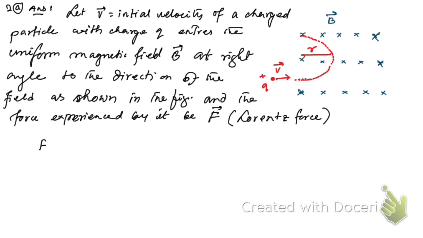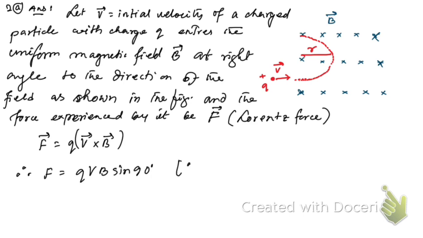This is given by F is equal to Q v cross B. So therefore its magnitude is going to be equal to Q v B sine 90 degrees, since v is perpendicular to B, right? So that's why that force is going to be QvB, simply QvB, right?